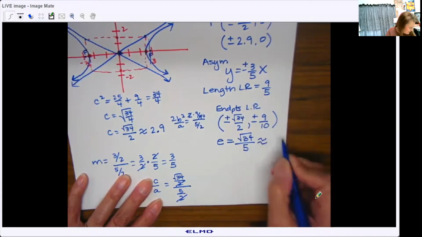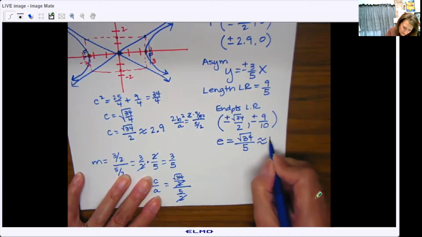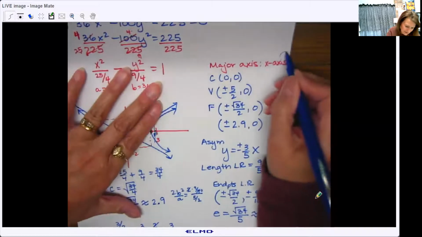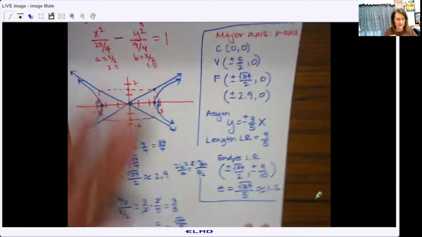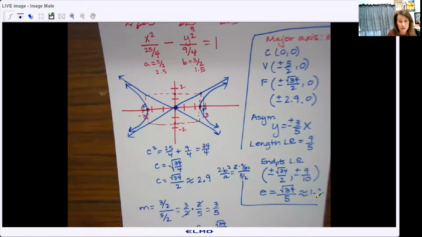Or if you want a decimal, that's about 1.2. My goodness, that was a good one, wasn't it? Wow, that was fun. There's a sketch and discussion for that problem. The numbers weren't quite integers like we're used to seeing, but I want to show you we could do one. We're tougher now. We're building our mathematical muscles.